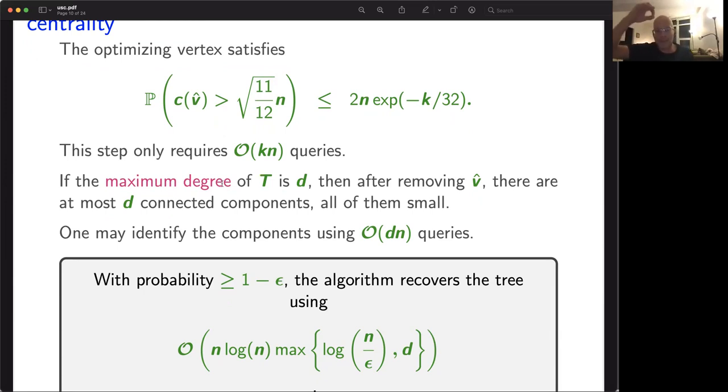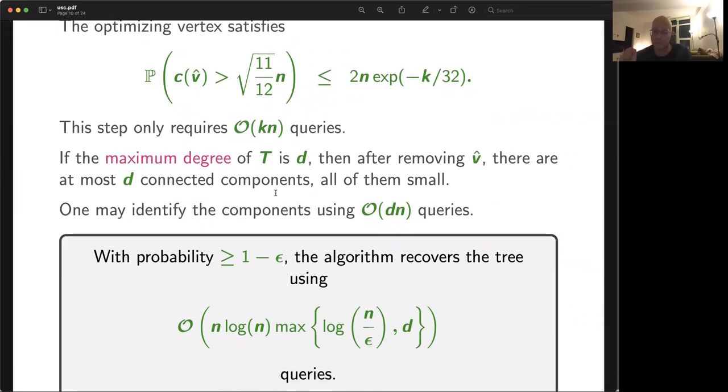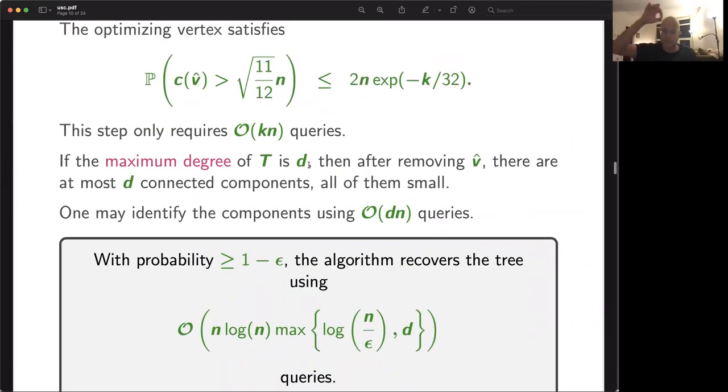But again, this can be done quickly if the maximum degree of the tree is not too big. If the maximum degree in this tree is at most d, then one may identify the components of all these subtrees using just order d times n queries.